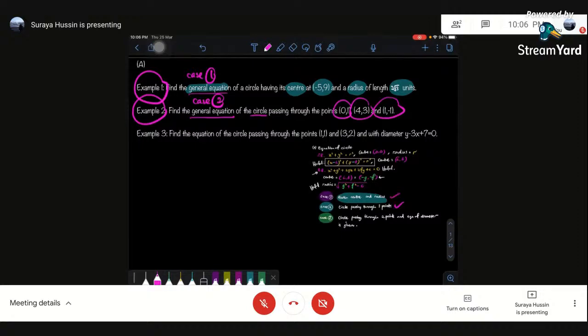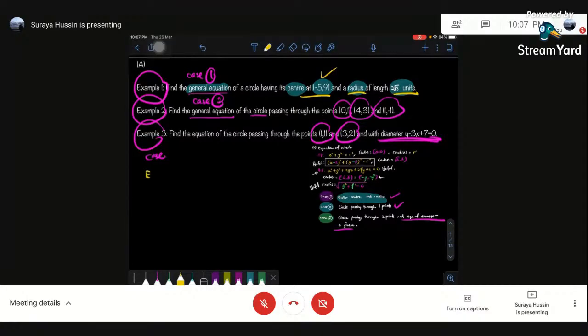Dan case ketiga adalah di mana circle passing through 2 points. You have 2 points here and a diameter is given. Okay, you must recognize these 3 cases. You kena kenal dia lah. So yang ini you ada 1 point dan juga radius, which is quite easy. Let's have a go.